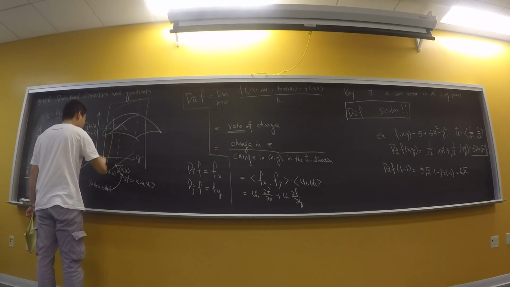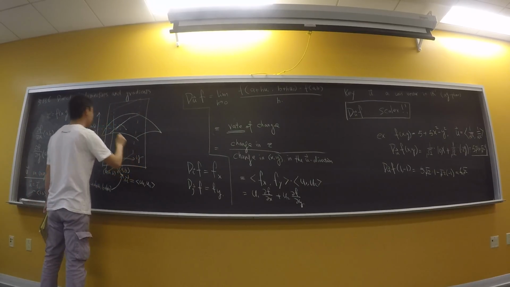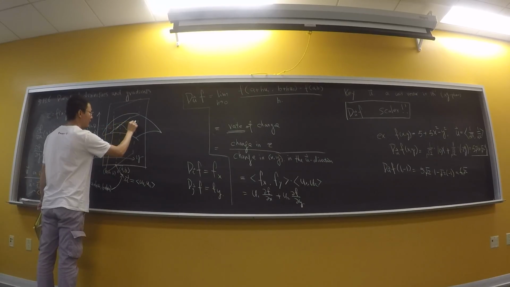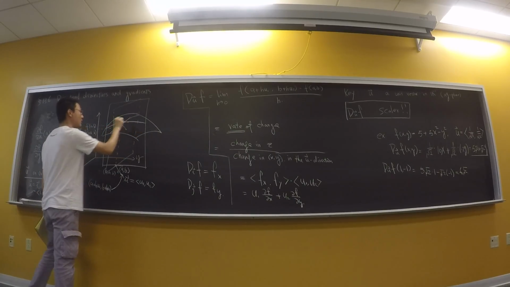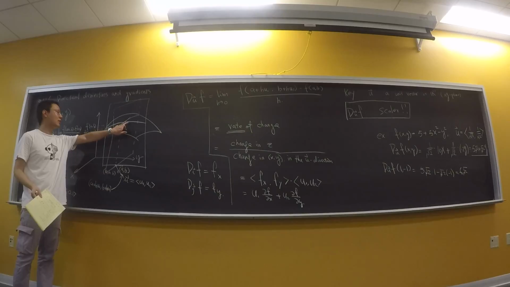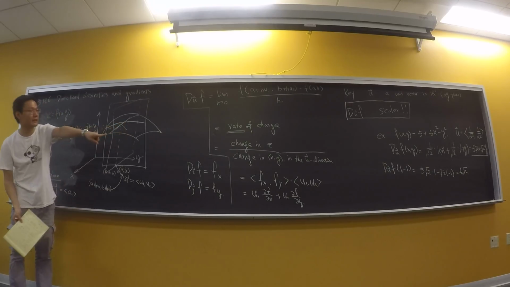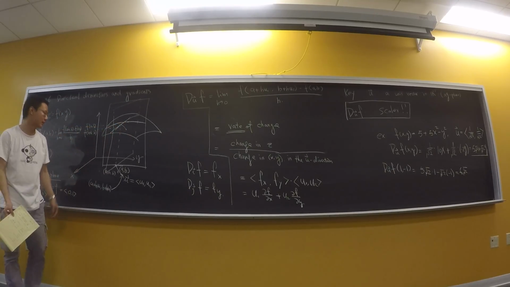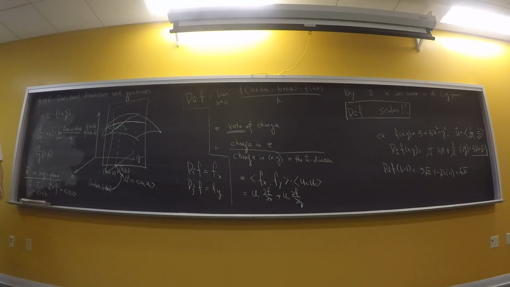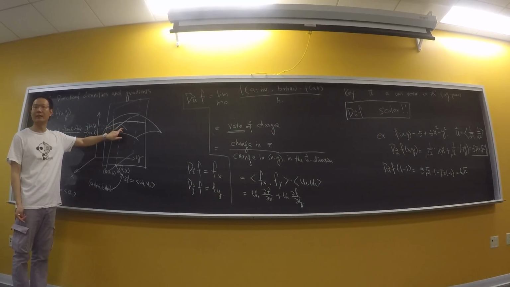So for instance, if this is the plane, you will have the intersection, and this is the curve. So at the given point (1, -1), you compute the slope of the tangent line to this curve, and that is exactly going to be 6 square root of 2. Okay? My picture is not very precise, but you get the picture. Okay? So roughly speaking, these different directional derivatives are talking about slopes of different tangent lines of different curves.